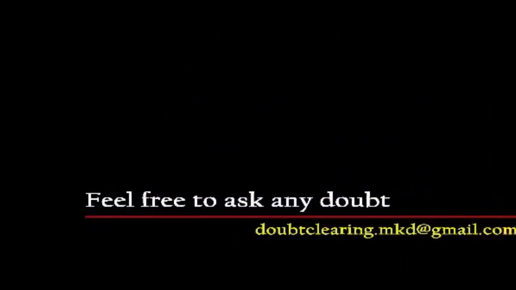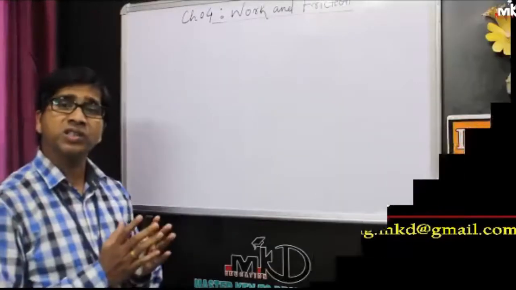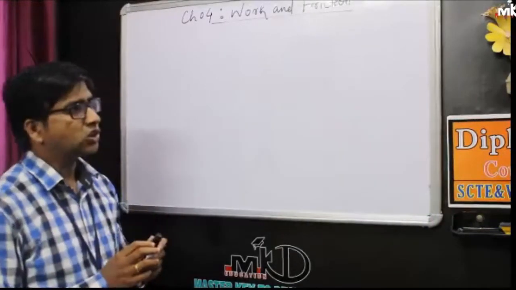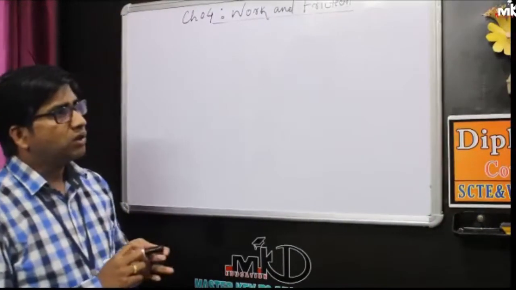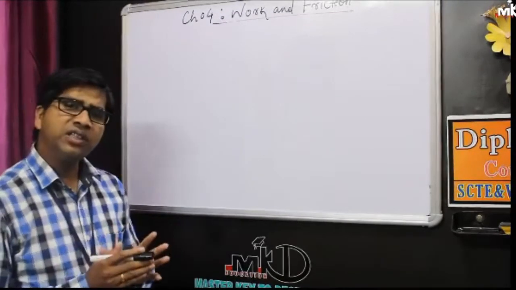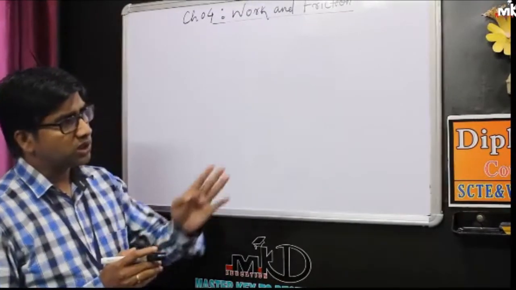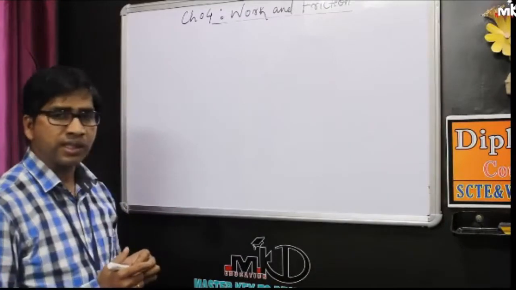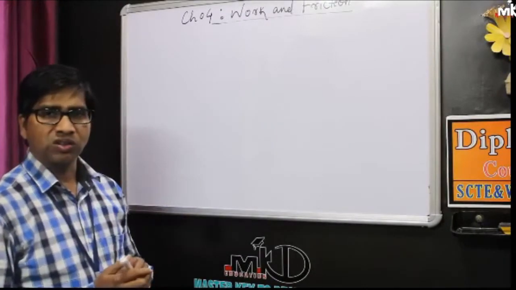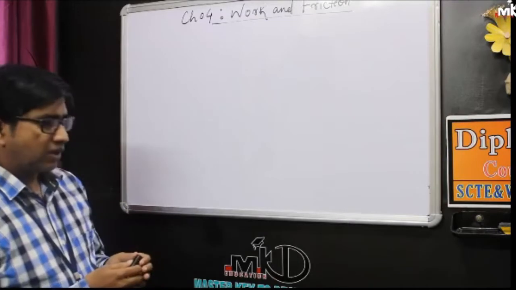Friction is encountered only because of the roughness of the surfaces. Friction has a number of terms, and one important term is the angle of friction.